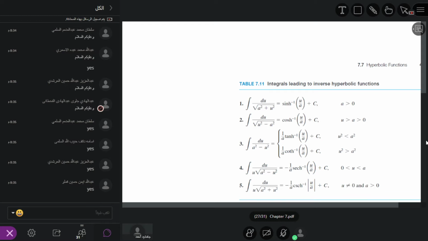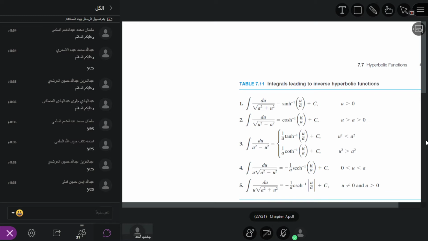Let u be equal to 2x. The derivative of 2x is 2, so du over dx is equal to 2.